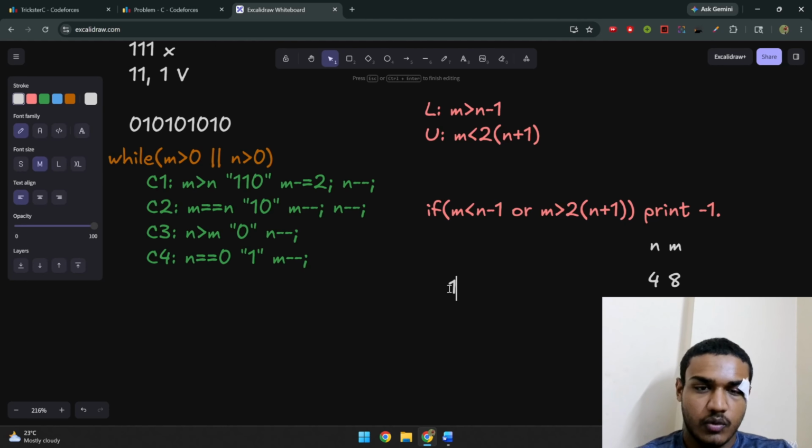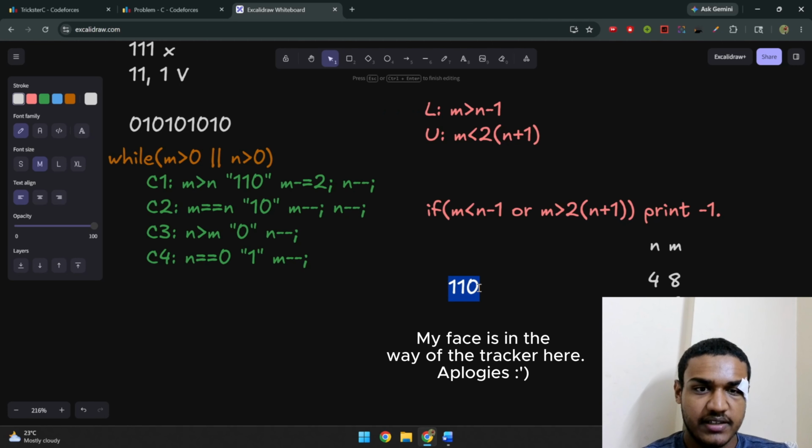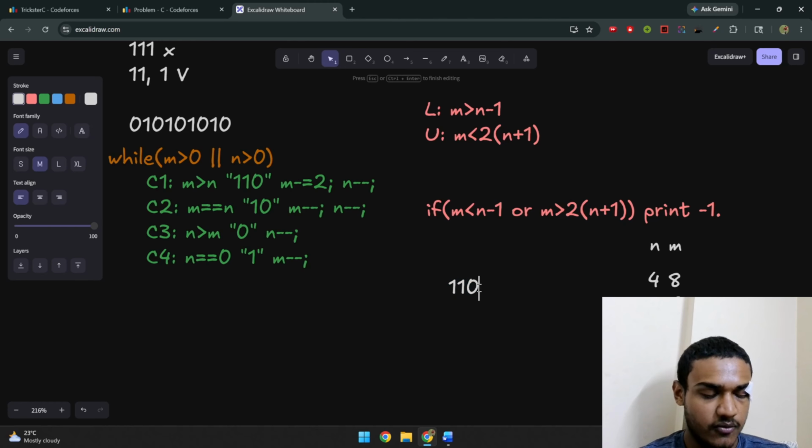We'll update this, and since we used two ones, you'll have 3 zeros and 6 ones. Look, it's still m greater than n. You still have an extra number of ones. So we'll get the same pattern again, which is 110. So this will turn out to be 1 and 4.